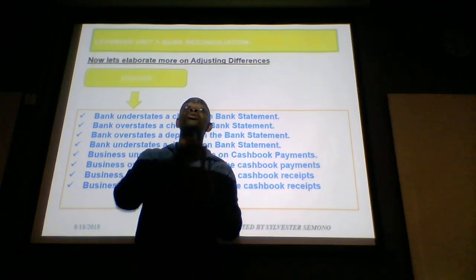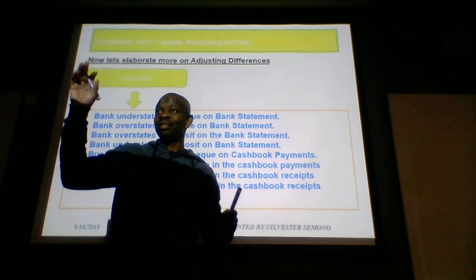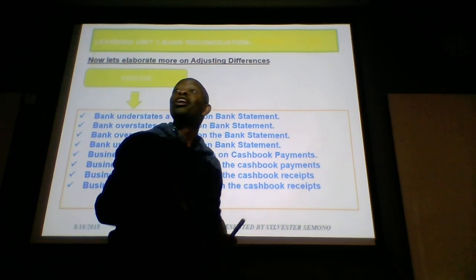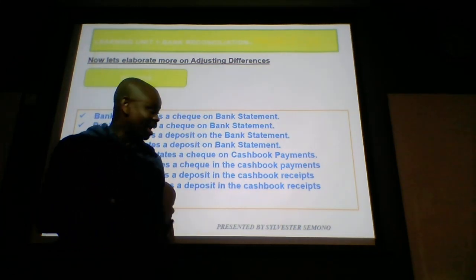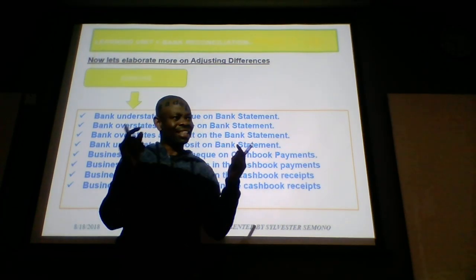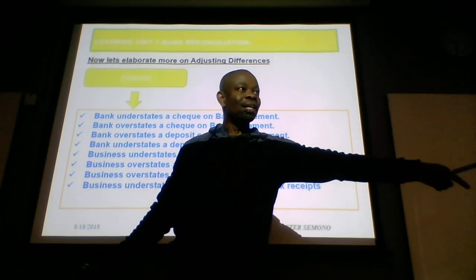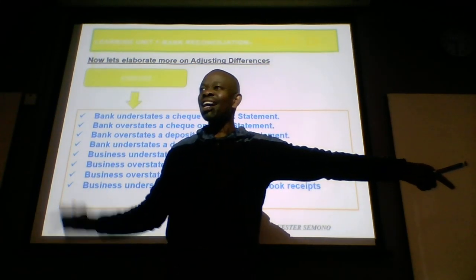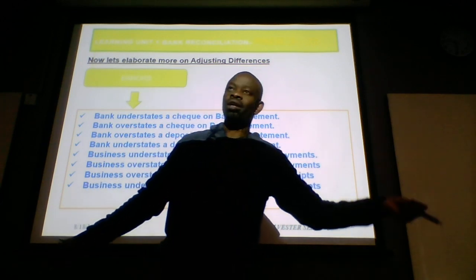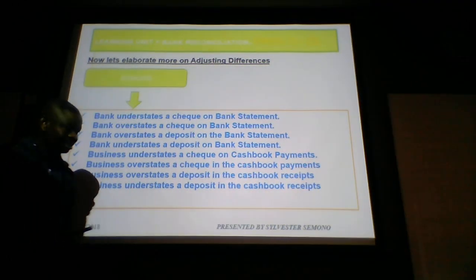In those days, they used to go and just correct, put a line, cancel. I was not there, but those old books are very rare to find. You can just see they scratched and wrote a new amount. These days, we set off. We record under the other book to cancel the other amount. It's like SARS. How can you cancel output? You record in the input. Did you get that?